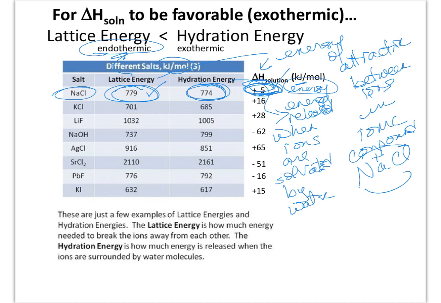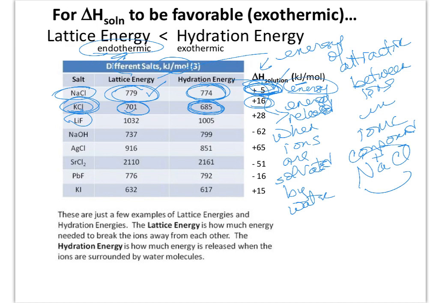Let's look at potassium chloride. It has a weaker lattice energy, but it also releases less energy when the ions of potassium chloride are hydrated. So the net enthalpy of solution for KCl is 16. It's not as likely to dissolve. I mean, it will dissolve, but not as likely.